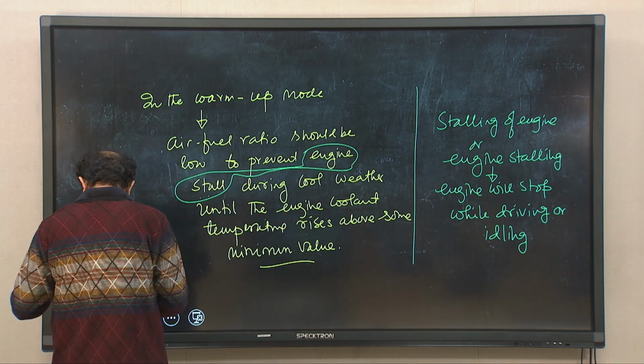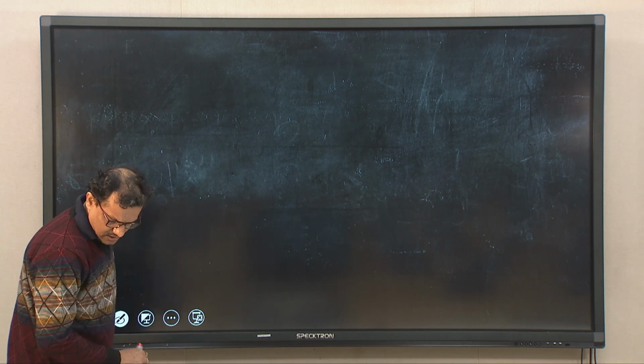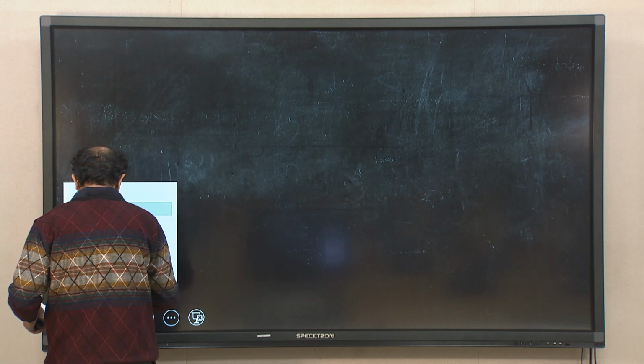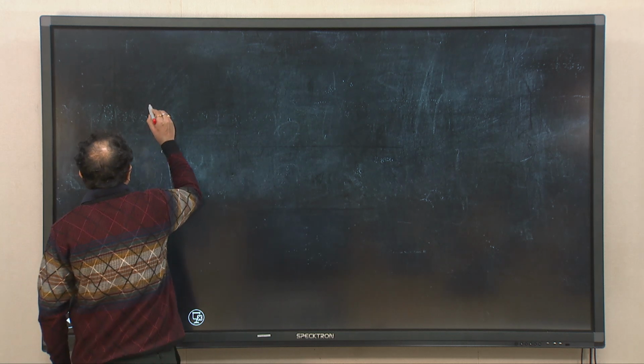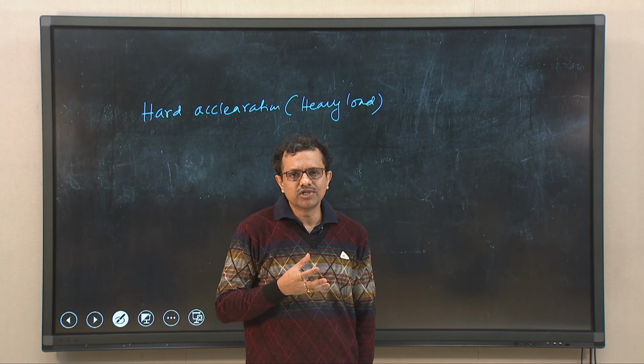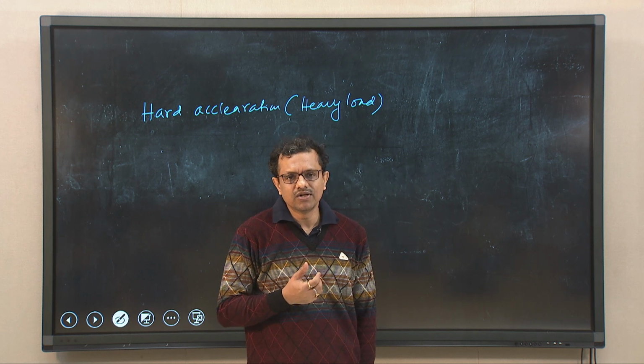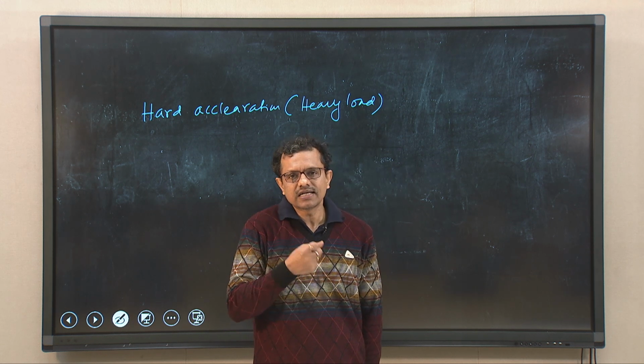Okay. Next, let us take one more example, then I will quickly complete it. Say for example, hard acceleration, or as I wrote, heavy load. That means from our understanding, if the engine needs to produce more power to meet the requirement of heavy load, that is called hard acceleration.